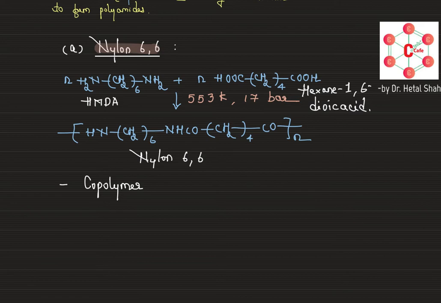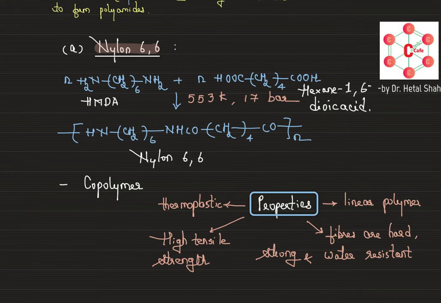Now, let us talk about the properties and uses. Some of the properties are: it's a linear polymer. Fibers are hard, strong, and even water resistant. Very strong, with high tensile strength, and it is basically a thermoplastic.